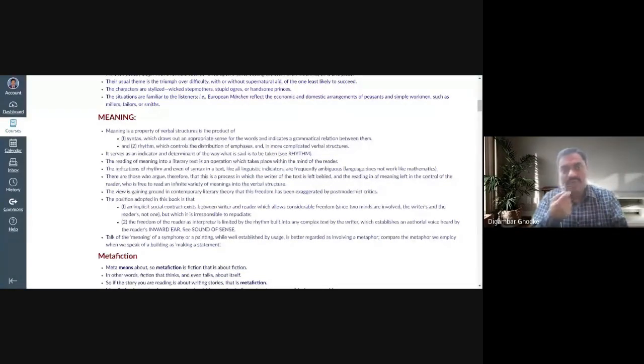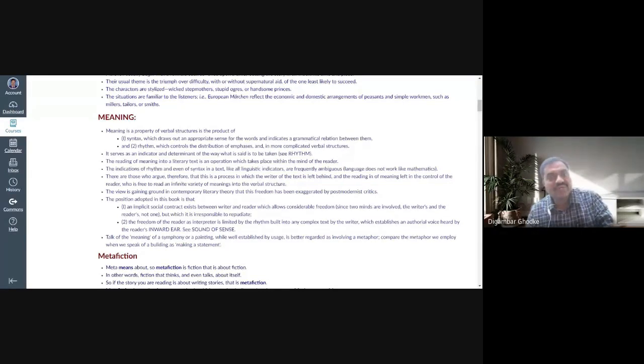We talk about the pronunciation, accent, intonation, etc. So that is what rhythm is. So it controls the distribution of emphasis and more complicated verbal structures. So meaning serves as an indicator of the way what is said is to be taken as rhythm.